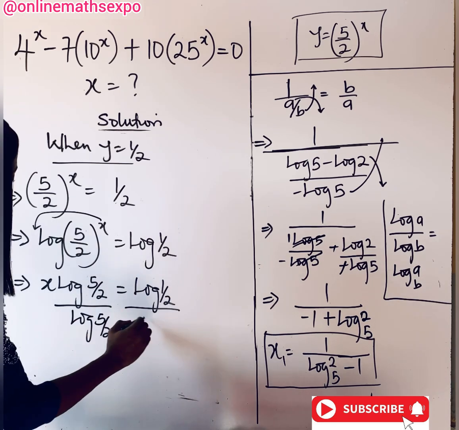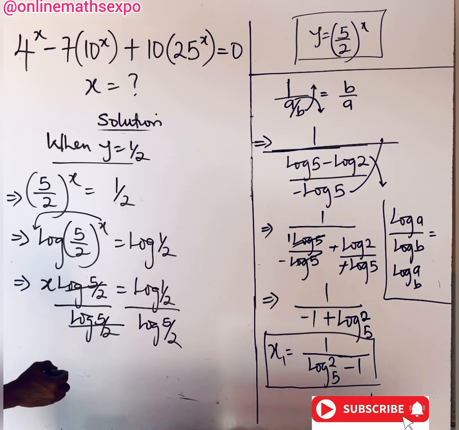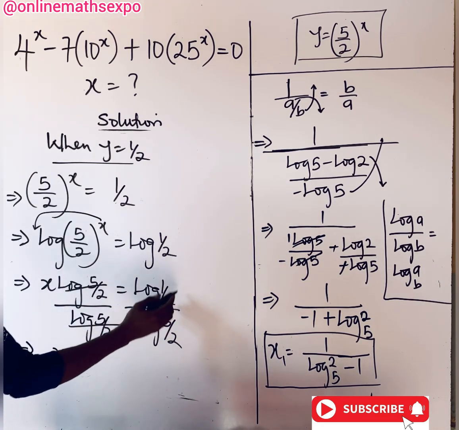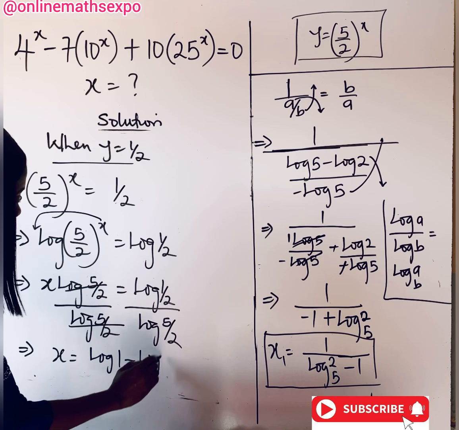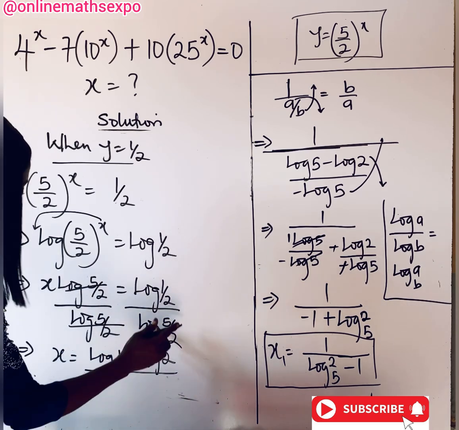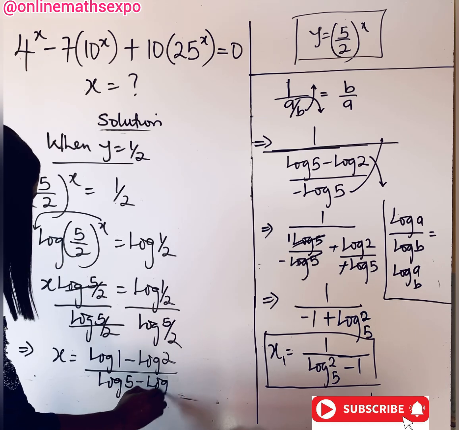If you do that, this will give us x. So we have x is equal to, remember the rule we applied here, division we turn to subtraction. So we have log of 1 minus log of 2 all over log of 5 minus log of 2.